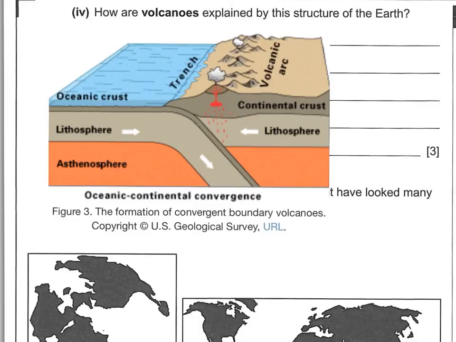Now, they're also formed at places where 2 plates are drifting apart, and so new material is coming up and forming new crust. It's often under the ocean that happens, and there's new ocean floor formed when that happens, but I would imagine that just explaining the subduction system here would have been enough, that you've got one plate going under the other, that material is then being melted, and that's producing magma, which is then forced up to an eruption.